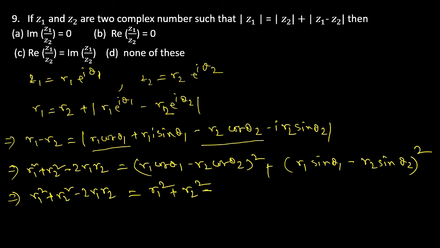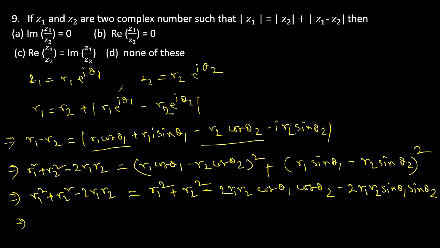And these two terms will be left: minus 2 R1 R2 cos theta 1 cos theta 2 minus 2 R1 R2 sin theta 1 sin theta 2.